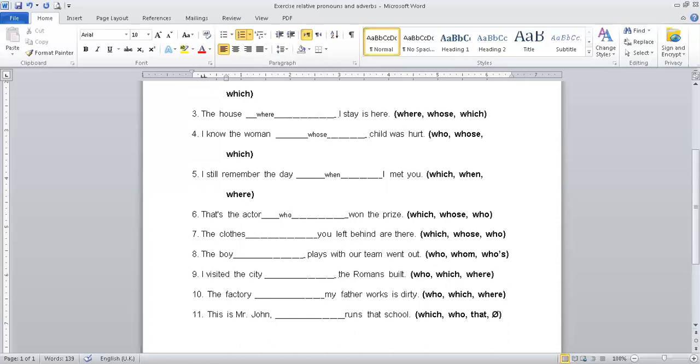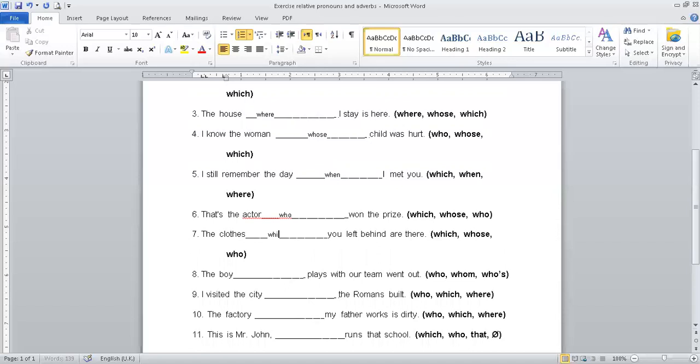Number 7. The clothes you left behind are there. We want to define clothes. Clothes is something. For objects or things, we use which. So, the clothes which you left behind are there. Definitely not whose or who.